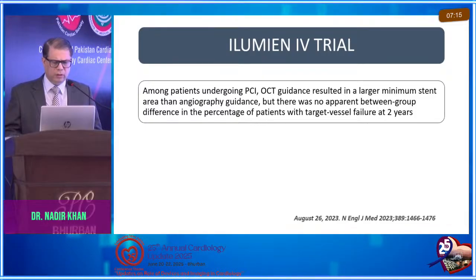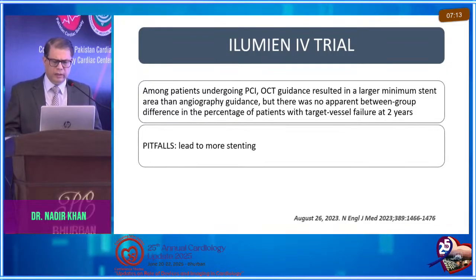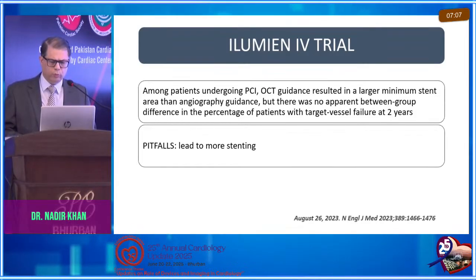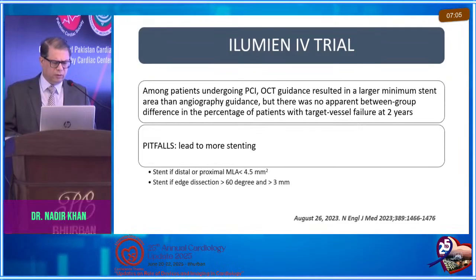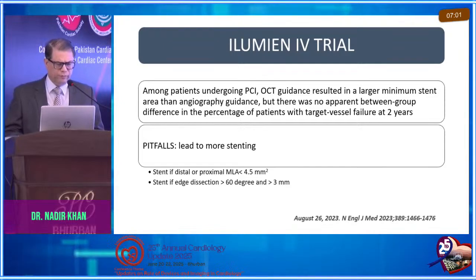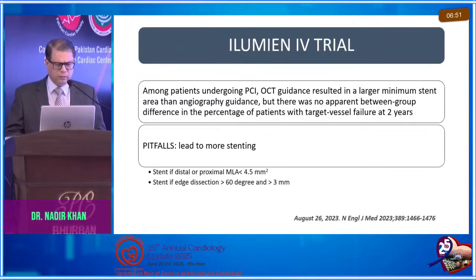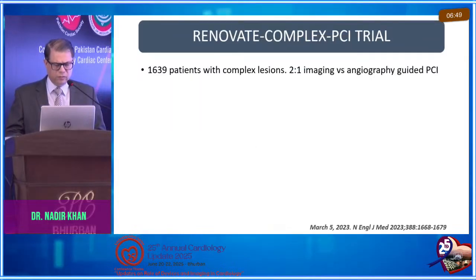In the LUMEN trial, the minimum stent area rather than angiography guidance was used, but there wasn't much difference, though it led to more stenting. If the distal to proximal MLA was less than 4, and if there was an edge dissection, it led to stenting at the distal edge.